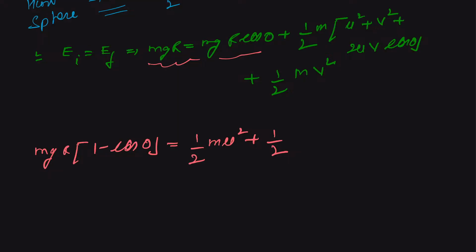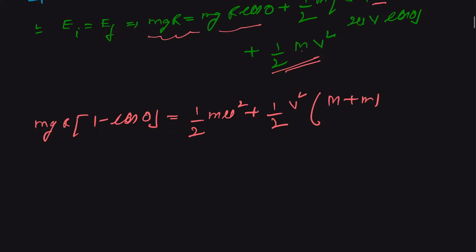This is also half M, but here it is a capital M, therefore we can take half v square common, so it will be M plus small m, and then plus m u v cos of theta.